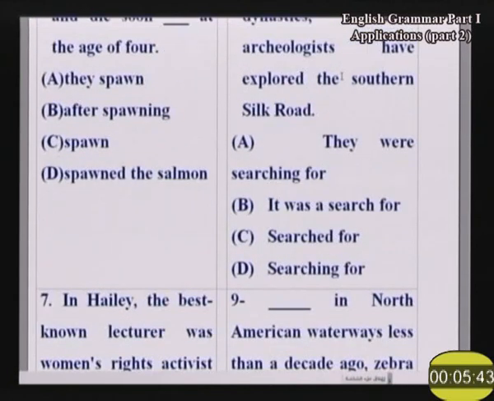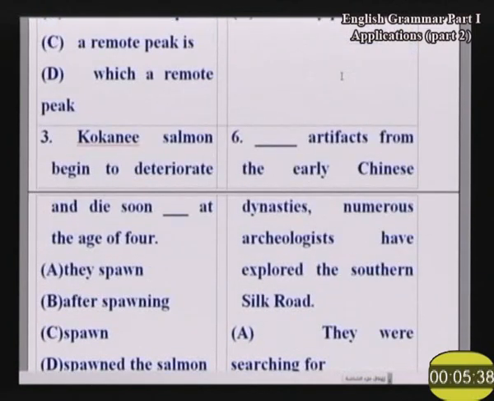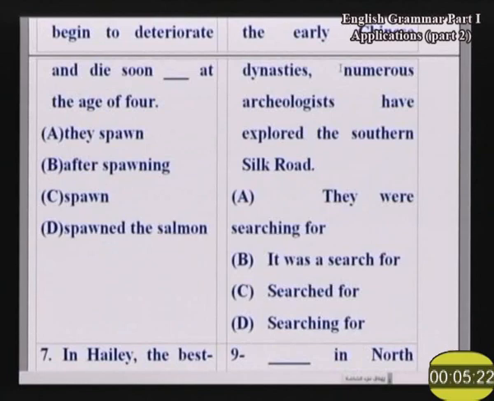Searching for artifacts. يعني while they were searching for artifacts from the early Chinese dynasties, numerous archaeologists have explored. هنا انتوا عارفين ان عندنا a clause which is reduced. While they were searching for عملناها searching for.